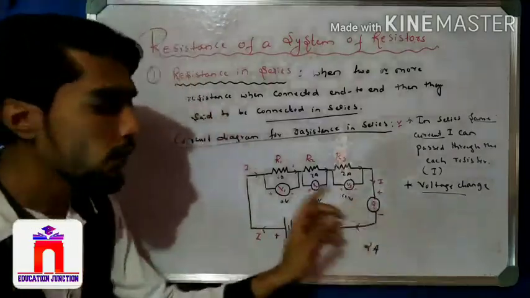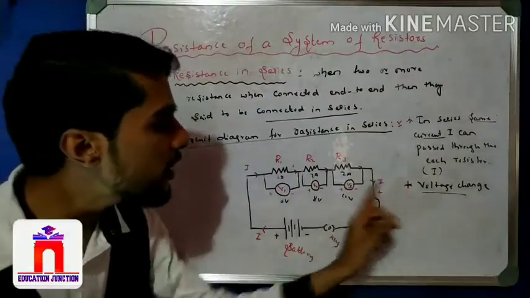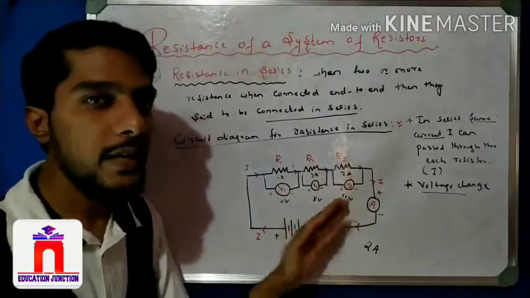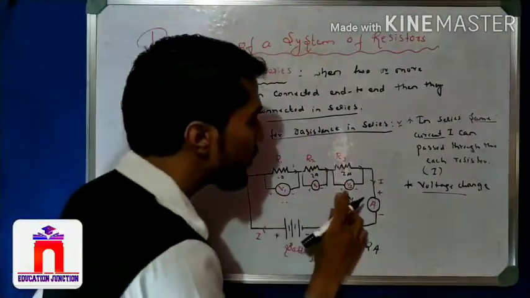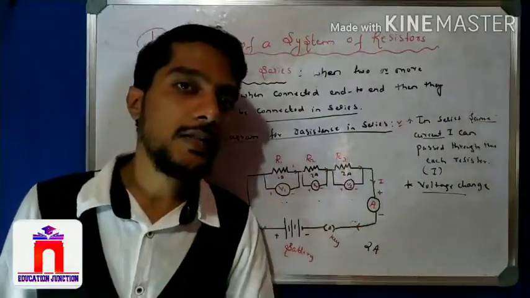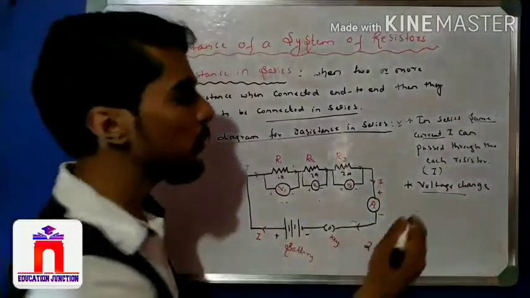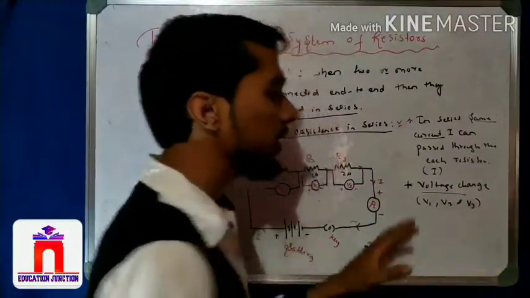That changes, maybe increasing, maybe decreasing, I am only giving an example here. So in the series circuit, the current is the same and the voltage changes. These two points you have to remember, V1, V2 and V3. Right? This is very important.